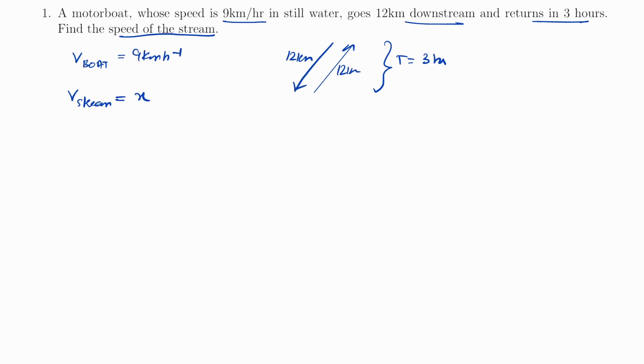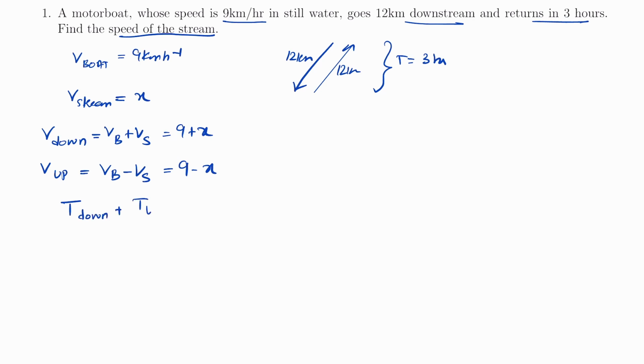Like I've already discussed, the relative velocity downstream will be equal to velocity of boat plus velocity of stream, which is equal to 9 plus x. And the relative velocity upstream will be equal to velocity of boat minus velocity of stream, which is equal to 9 minus x. Based on the question, time taken to go downstream plus time taken to go upstream is equal to 3 hours.